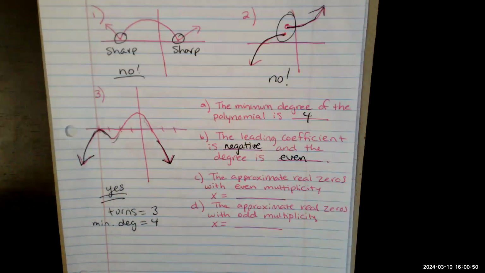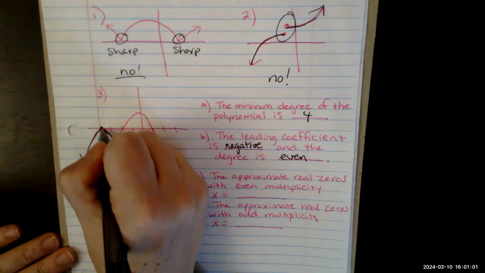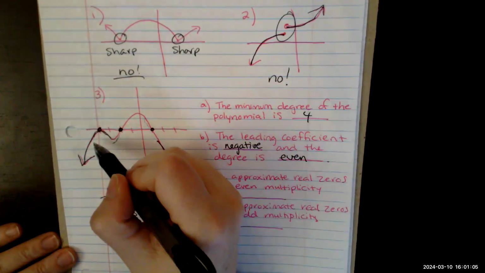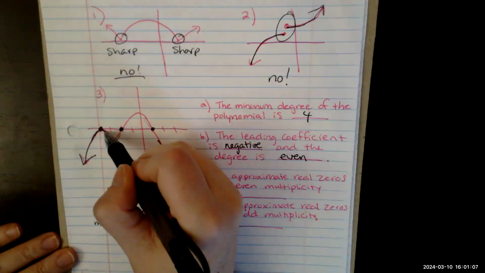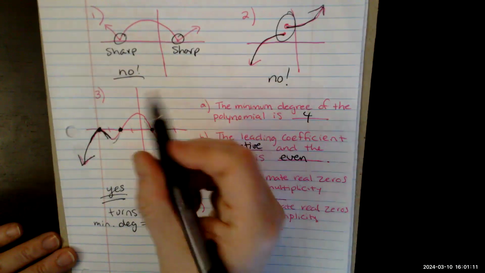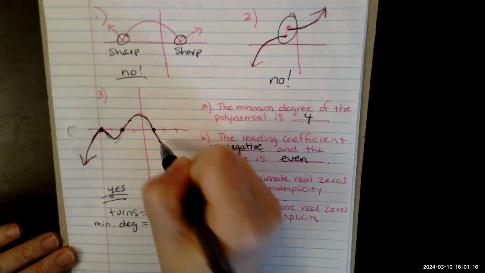And then the approximate real zeros with even multiplicity. That means that they happen like twice or 4 times. So how do you tell? Well, this is a 0, this is a 0, and this is a 0. Do you see how this one just kind of bounces off that point where this one goes right through and this one goes right through?